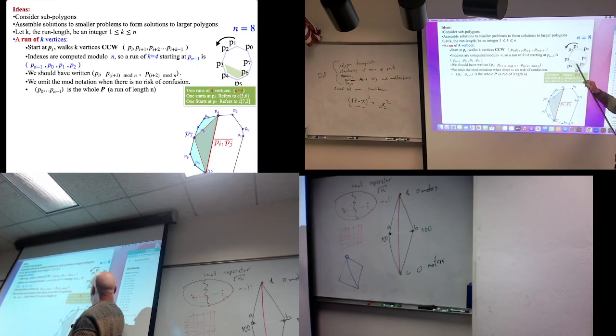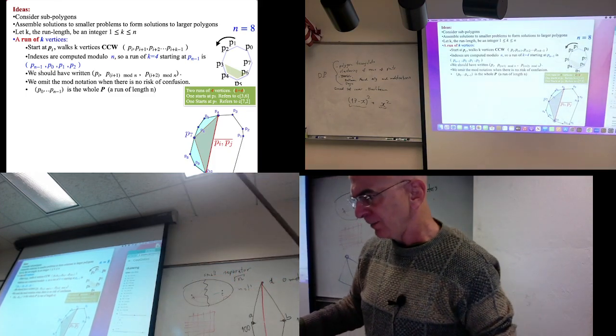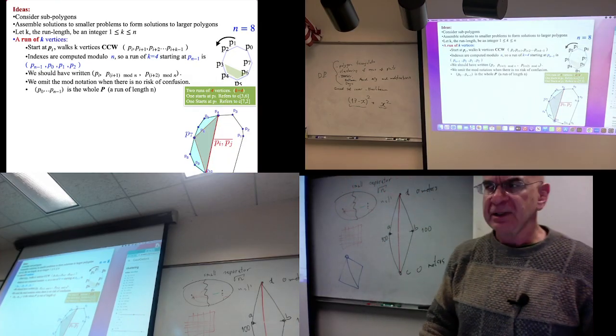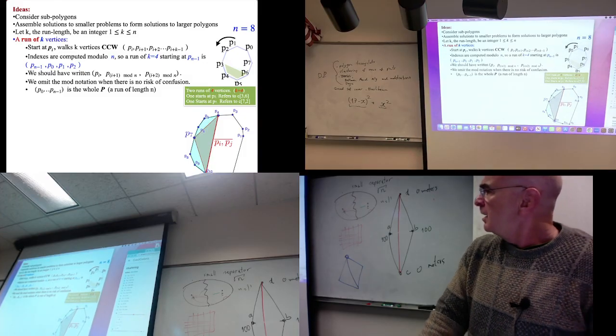P2 is P7 plus 3, modulo 8. Okay, makes sense. Don't be intimidated by the modulo. Obviously, it's just going in a circle, this arithmetic. So we won't use the modulo notation from now on. Next.